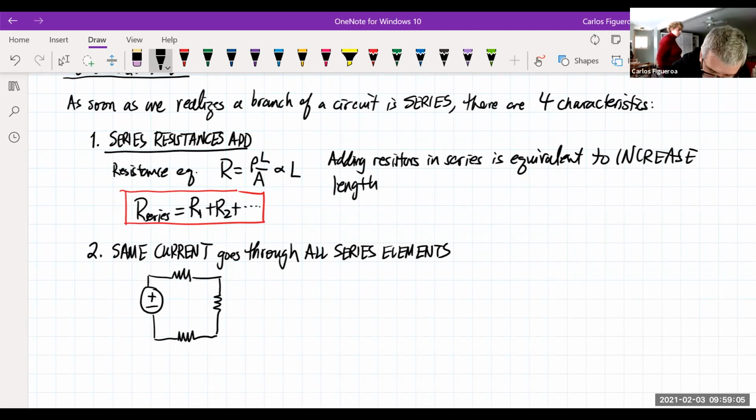I have resistor 1, resistor 2, resistor 3, and this is my voltage source. Let's look at this node right here. The current coming in must be the current coming out of that node. I cannot destroy charge at a node. That would violate conservation of charge.